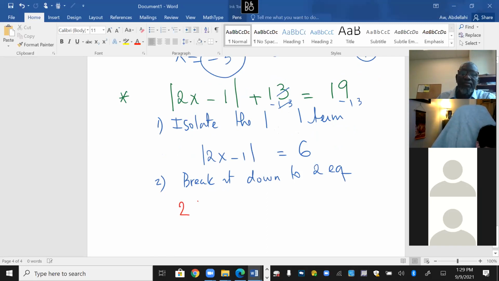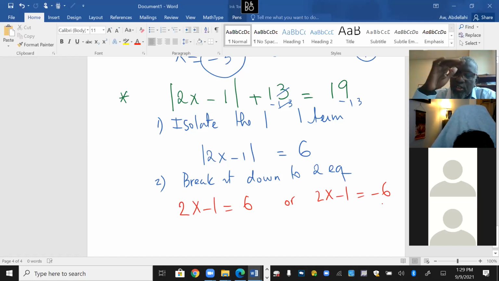So I said 2x minus 1 equals 6, or 2x minus 1 equals -6. When you set it to 6 or -6, you don't change the left side.